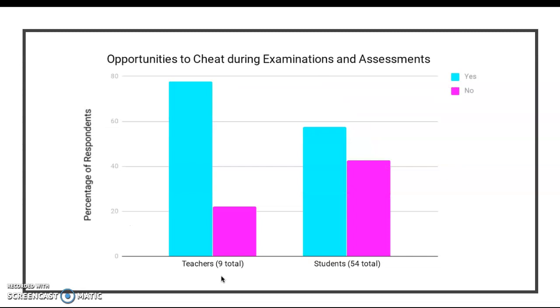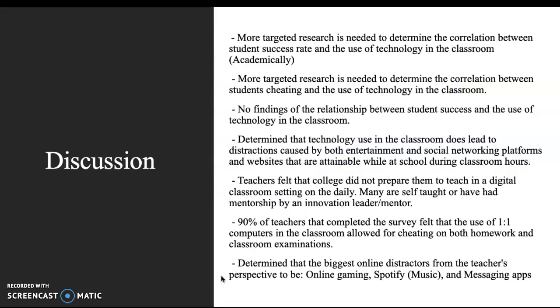So looking back through the research, we noticed that we have to focus on not only schooling the staff on how to use the programs properly and how to find relevance for the students in using the programs, but also being aware of the many distractors and realities of the opportunities that the students have while using technology to cheat, be distracted, or copy classwork, and things of that nature.